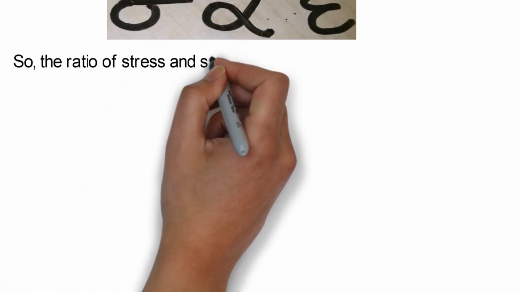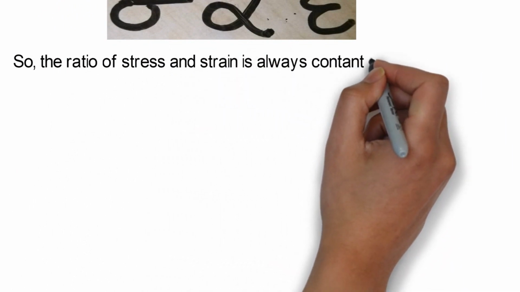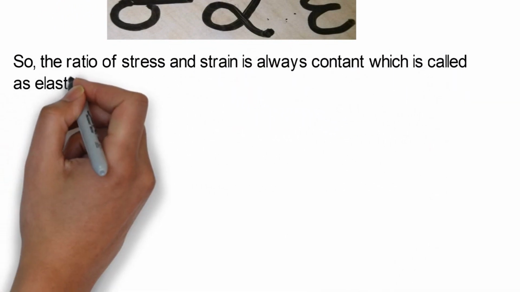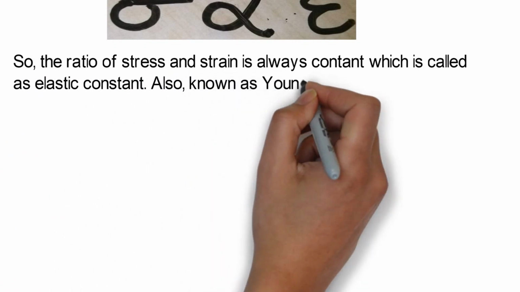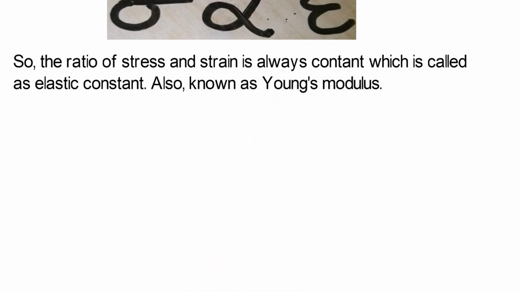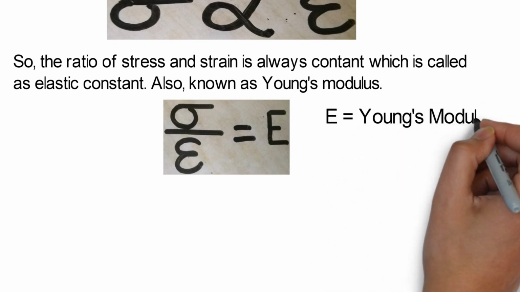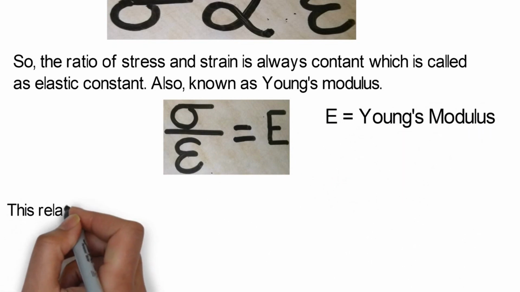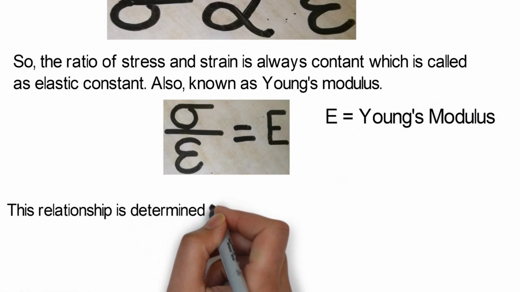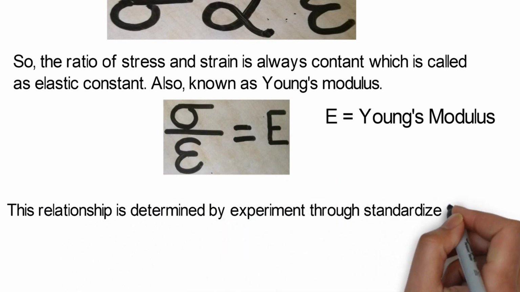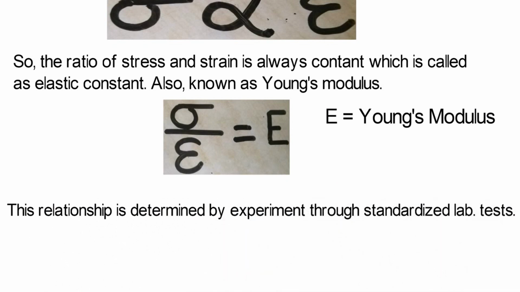So the ratio of stress and strain is always constant, which is called the elastic constant, also known as Young's modulus. Here E equals Young's modulus. This relationship is determined by experiment through standardized lab tests.